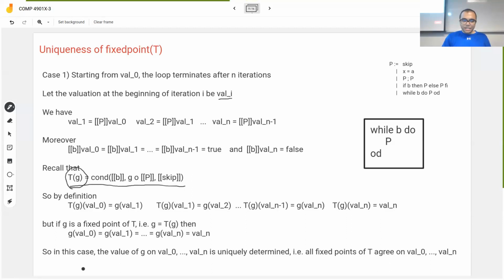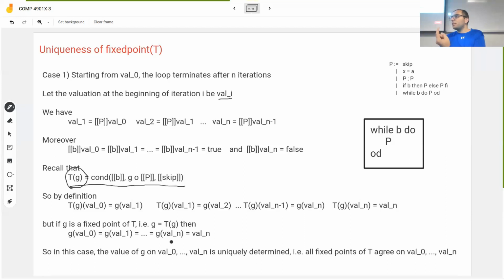So what I get here is that the value of G on val 0 to val n is uniquely determined. So what does this mean? This means that I didn't really have a choice here, right? I took an arbitrary fixed point G, and I saw that the value of G on all of these valuations, on val 0, val 1 to val n, should just be val n.